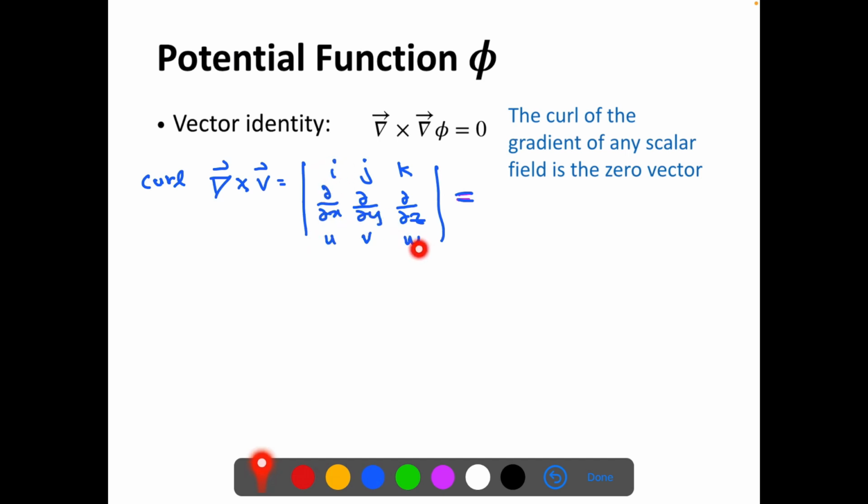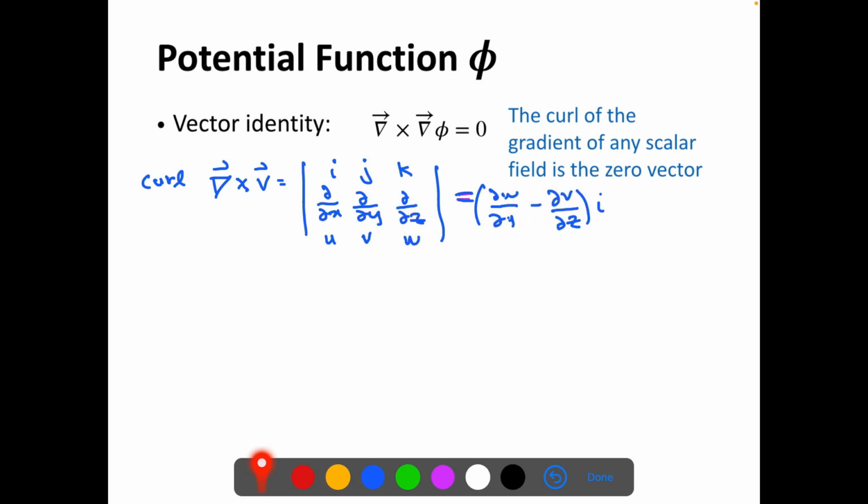So you have del w over del y minus del v over del z. This one is for i. So how do I get this? For i, don't look at i, so del w over del y minus del v over del z. So you get this one.